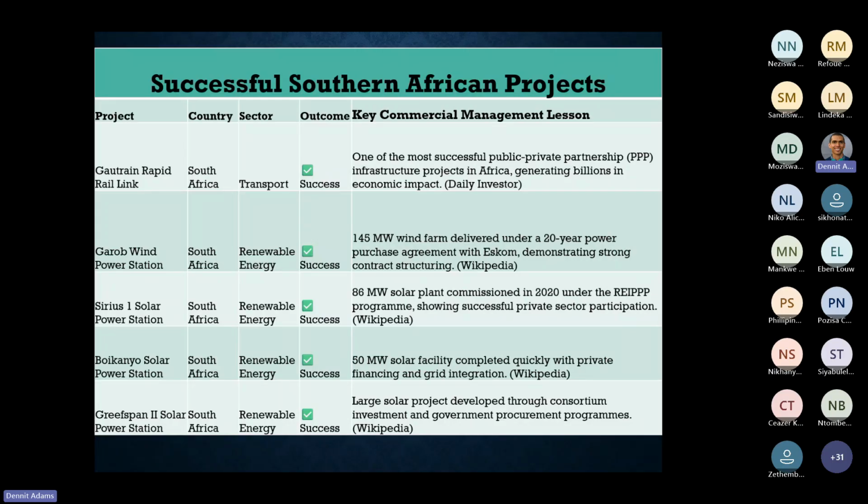We'll talk about REIPPP a little bit later as well. Boikanyo Solar Power Station is a 50 megawatt solar facility completed quickly with private financing and grid integration. Very cool. And then Greefspan, a solar power station, also here in SA, a large solar project developed through consortium investment and government procurement programs.